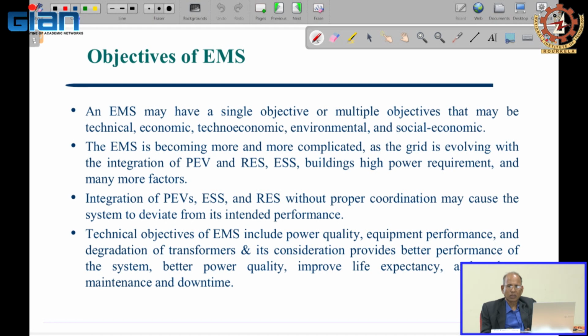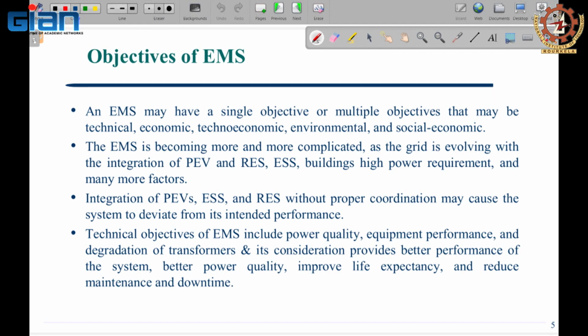Some of the objectives of energy management systems: it can have single or multiple objectives. When you want to optimize, you can have a single objective or multiple objectives, which could be technical, economical, techno-economic, environmental, and socio-economical.